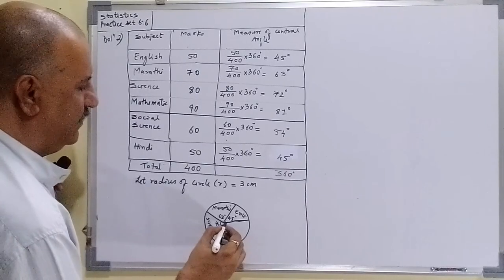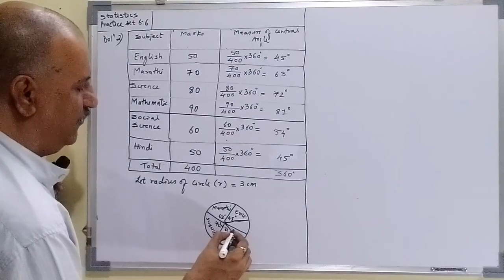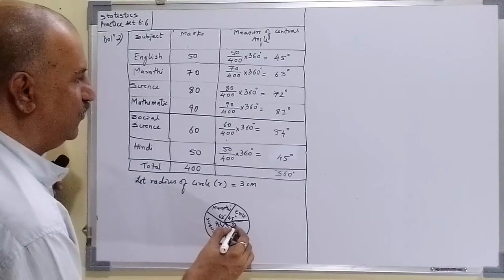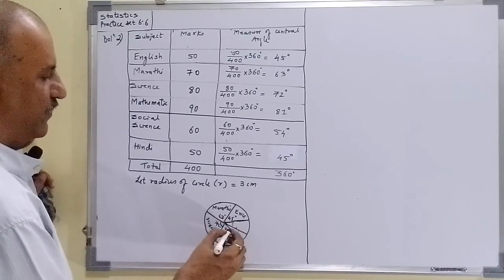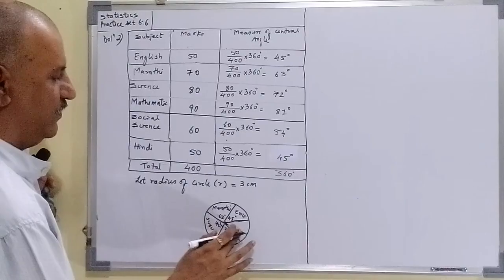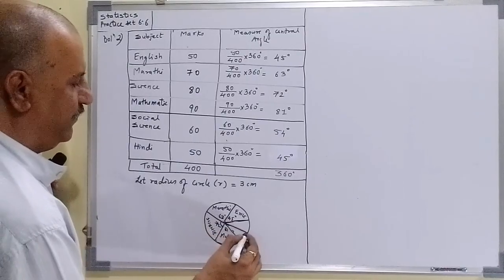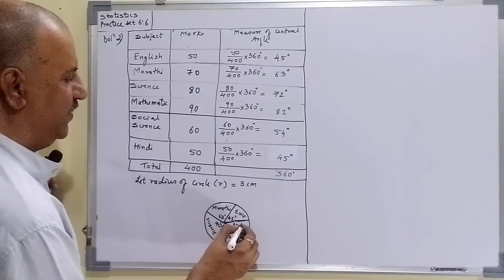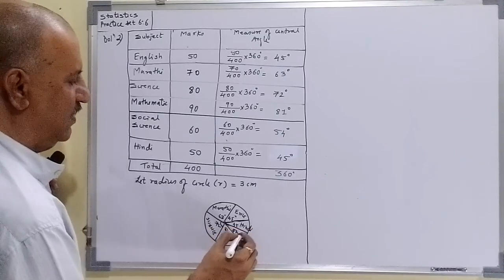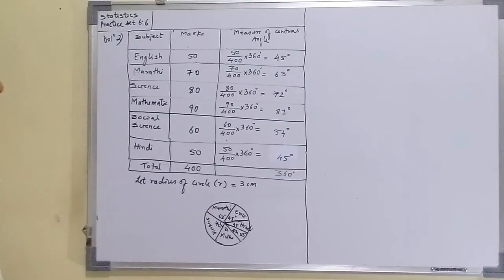Then we have 45 and 54. No, go properly. 54 and 45. So this will be Hindi and this will be SS.